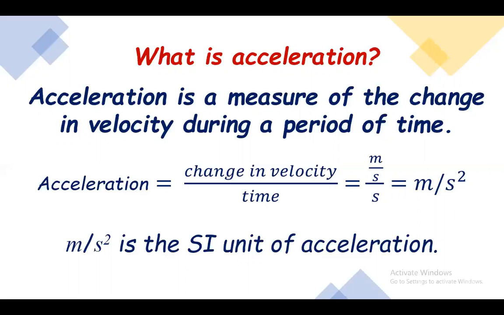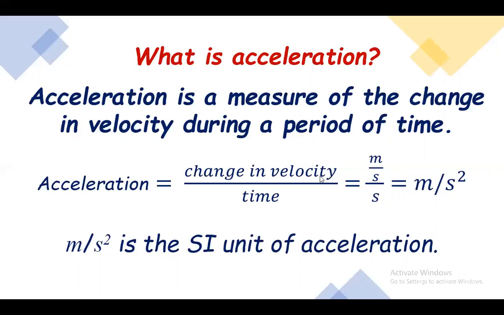Okay. Now, how can we calculate this unit? We can represent acceleration mathematically by the change in velocity over time. Because we said acceleration is a measure of change in velocity during a period of time, we can mathematically represent that as acceleration equals change in velocity over time.